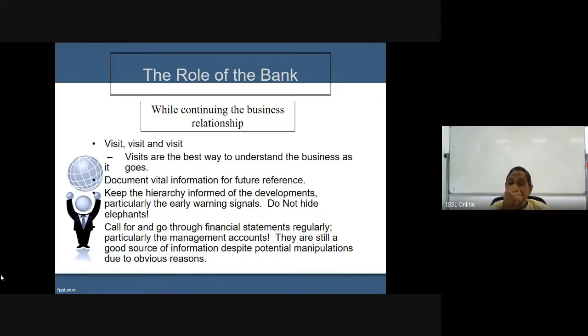These are the other weak areas. Whenever you go for a visit or an inspection, site visit, prepare a report about vital information and keep that information in a proper filing manner. You need that document for next time when you visit the customer premises.